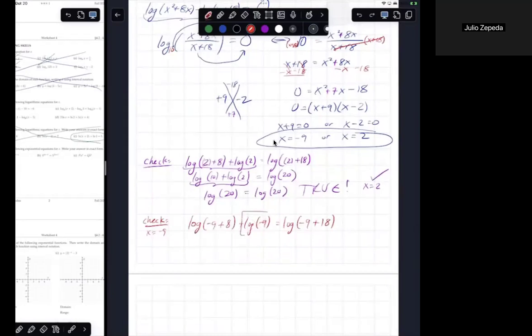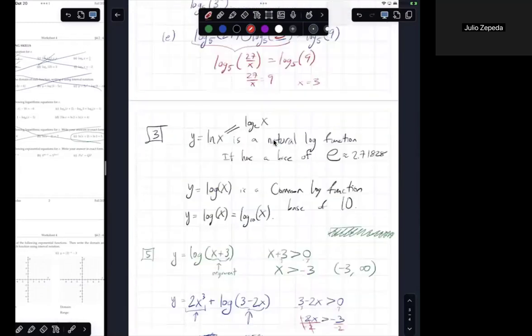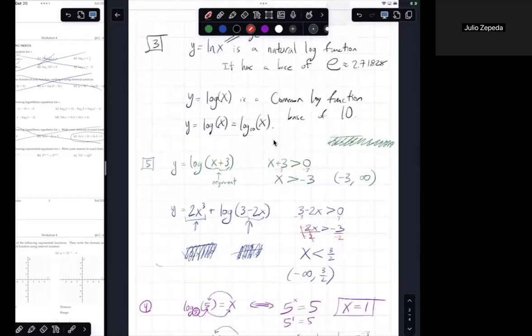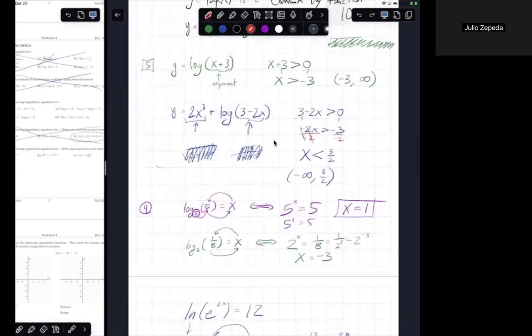The log of negative 9 is not defined. Remember that earlier we talked about the domain of a logarithmic function, and we said that the argument x plus 3 must be greater than 0. The argument needs to be greater than 0, otherwise we're outside of the domain of log.